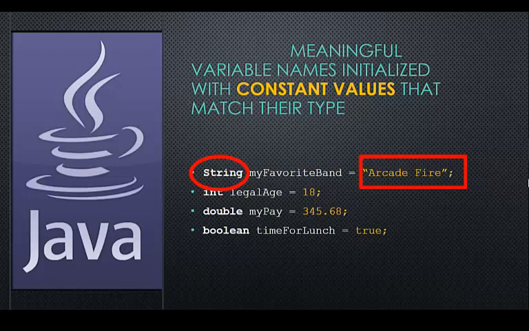The constant value, quote, Arcade Fire, end quote, matches the data type string. int legalAge assigned a constant value of 18. 18 is a whole number, and so that is a perfect match to an int variable. A number like 7 or 0 or -10 would also be fine.